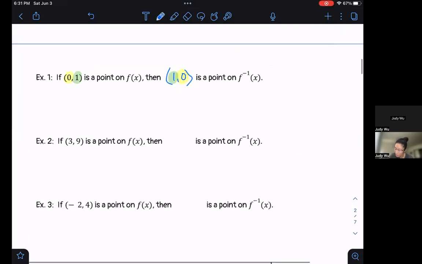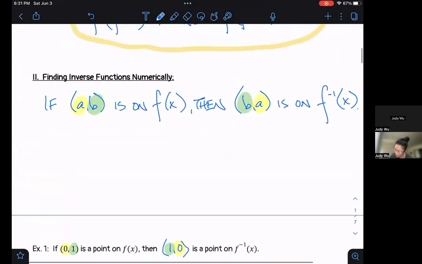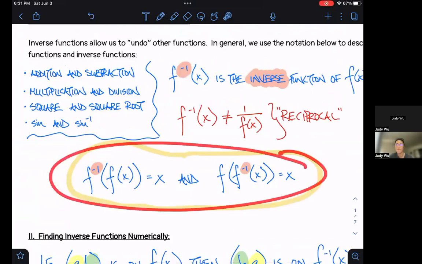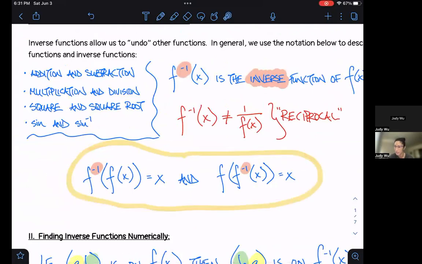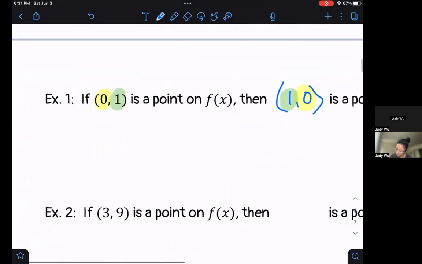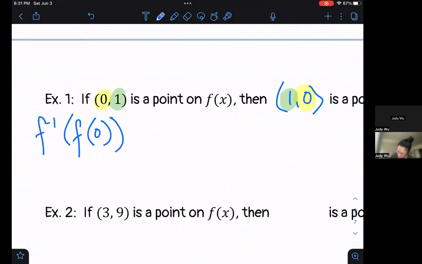Now I want to combine this with the idea that if I compose the two functions together, I should get the same thing back that I put in originally. So let's see. If I take f of 0 and I put that into the inverse function, let's see what we get.